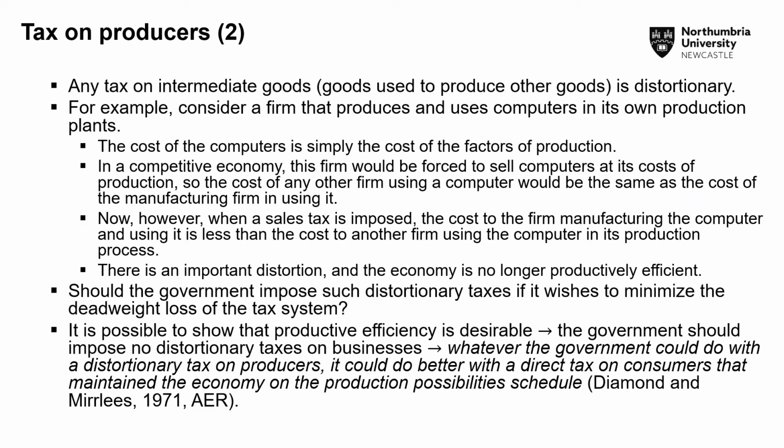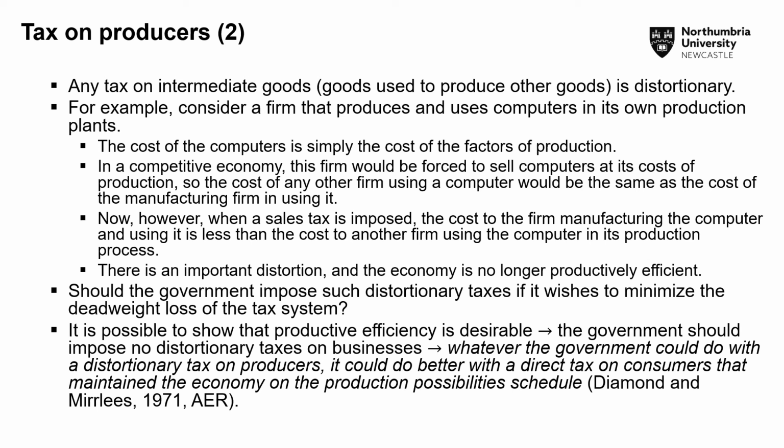So let's say we now impose a tax on intermediate goods. The conclusion we will see is that a tax on intermediate goods is distortionary. Think about it this way. Where does the distortion arise? We need to make a few assumptions. Let's say we have a firm that produces computers.